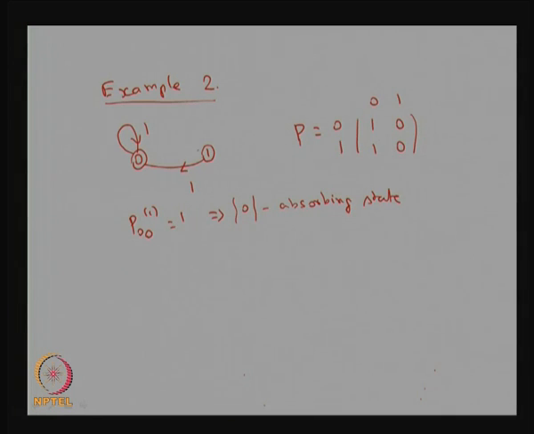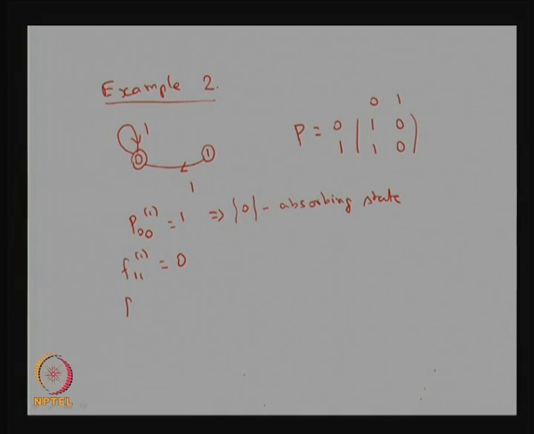Now, we will try to find out what is the classification of state 1. So, if you find out f 1 1 of 1, what is the probability that the system will come to state 1, given that it was in state 1, and the first time visit to state 1 is exactly in the first step. That is not possible, because with probability 1 it moved to state 0, therefore, this is going to be 0.